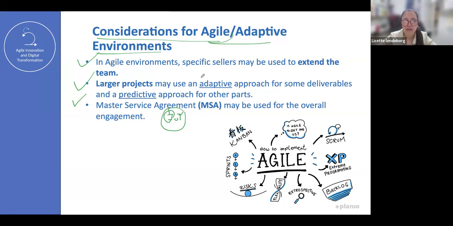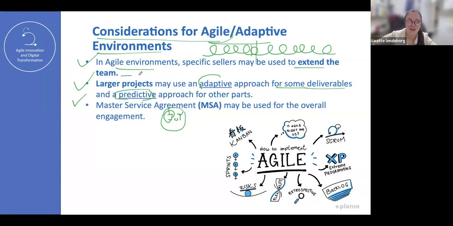So in larger projects, you may use adaptive approaches for some deliverables and predictive for others. In an agile environment, remember, we are developing solutions in each one of the sprints. If you don't have the talent internally, you can extend the team using contractors, third parties, or international talent externally.